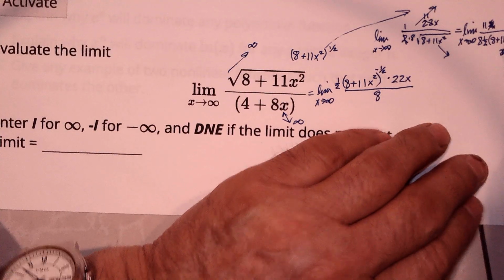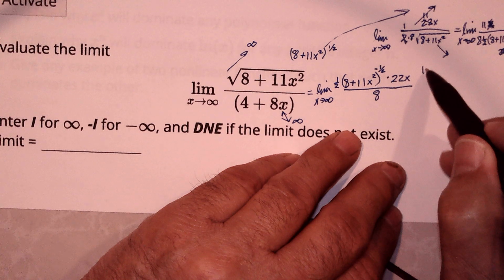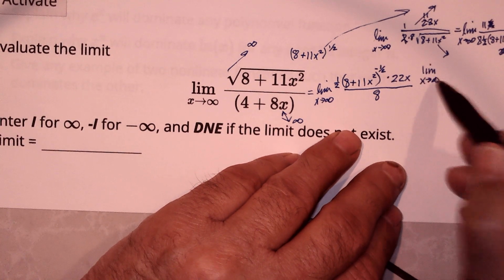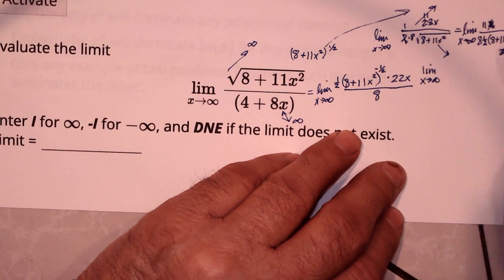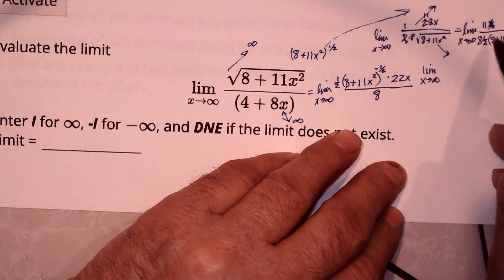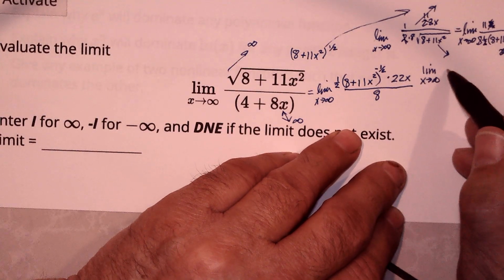Well, let's see. That's a little hard to read there. Let me rewrite that. The limit as x approaches infinity. We have 11 and we have a 22, so that reduces to a 2 in the denominator, which would cancel the half, and we'd get 8.